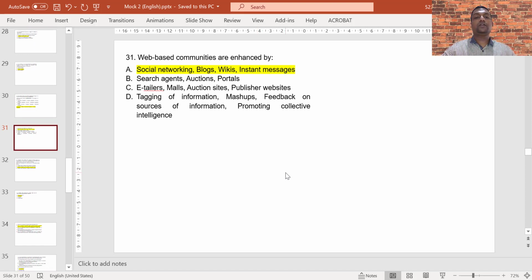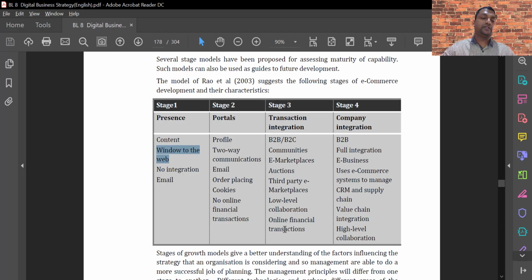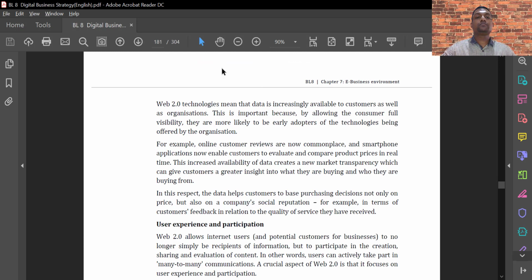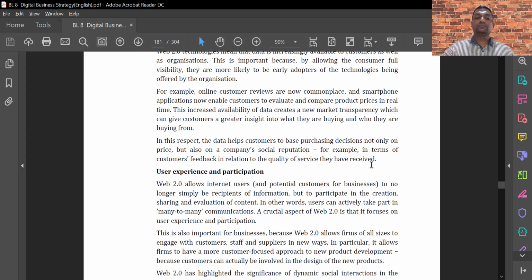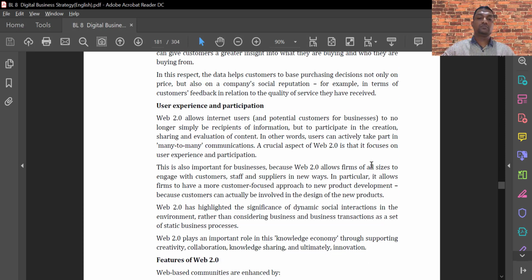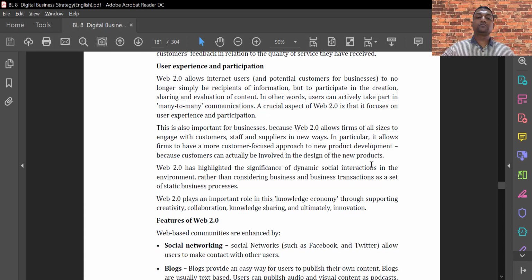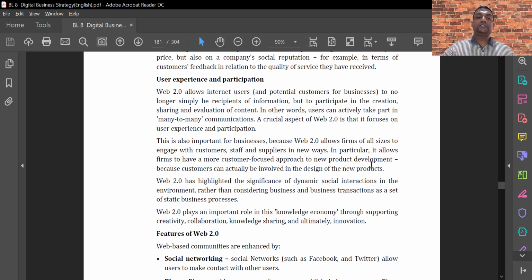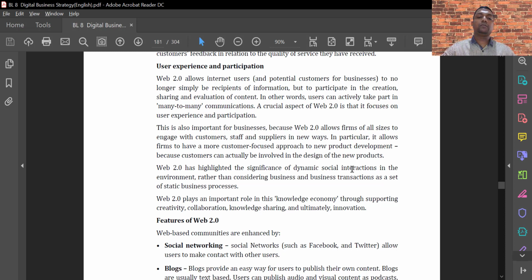Web-based communities are enhanced by. So there are several examples. Let's look at what is explained in the study guide. So this is explained under the features of Web 2.0.